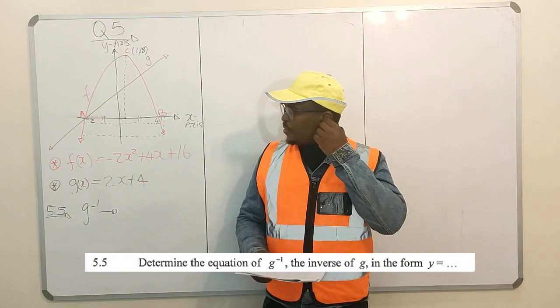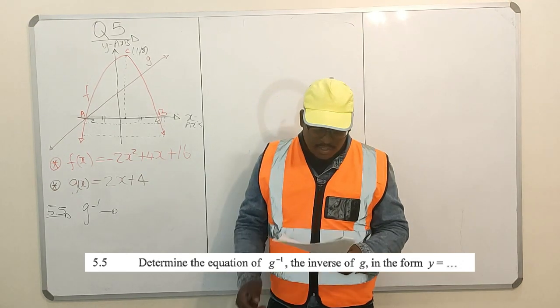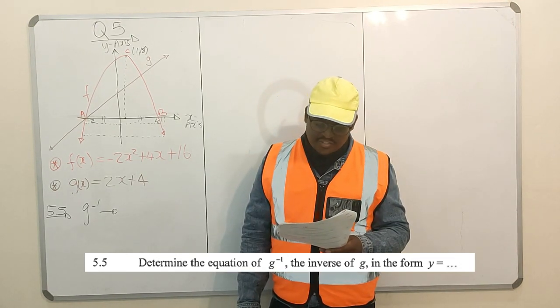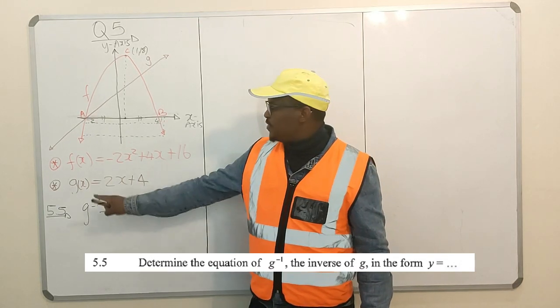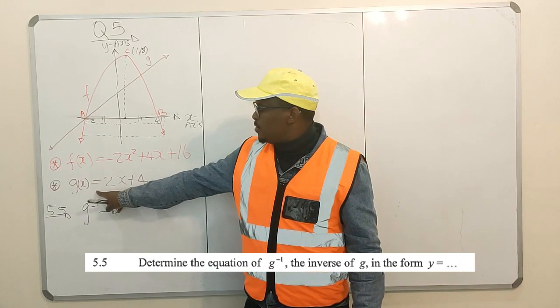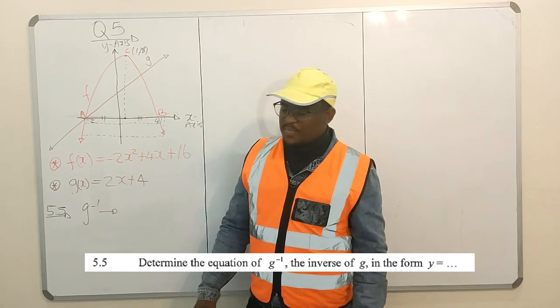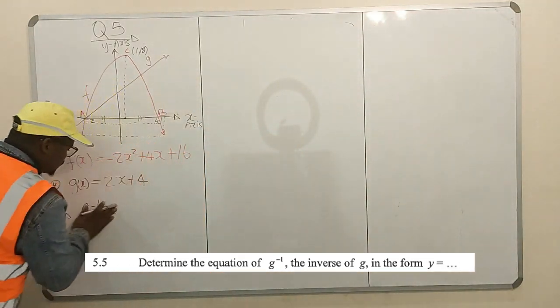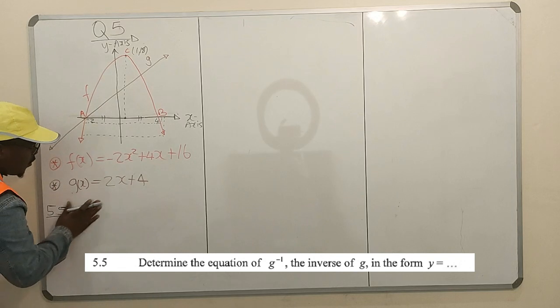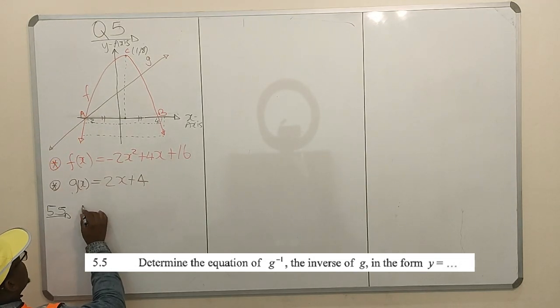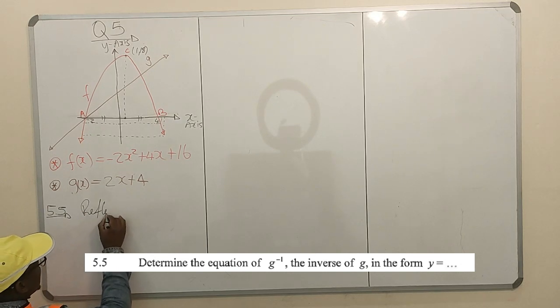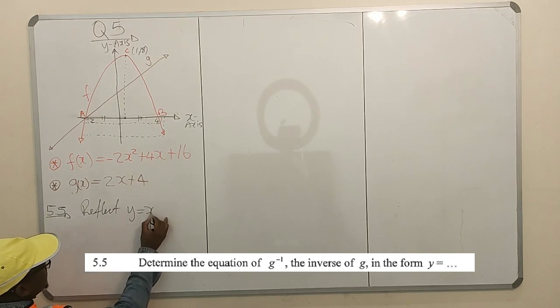So now we're going to do 5.5. Determine the equation of the inverse of g in the form y is equal to. So they want us to find the inverse of this equation here in the form y is equal to something. So what do we do? When you want an inverse of a function, you reflect about the line y is equal to x, right?